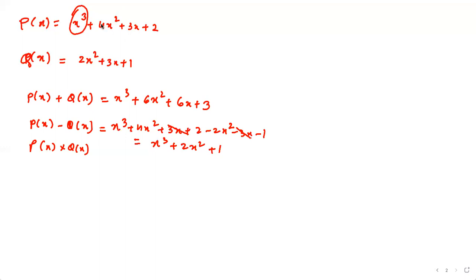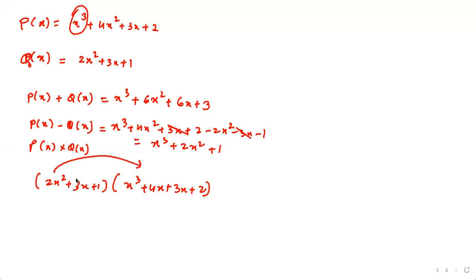Similarly, when you're multiplying polynomials, you multiply q of x, 2x squared plus 3x plus 1, with p of x, x cubed plus 4x squared plus 3x plus 2. I'm not going to do the entire procedure, I'm just going to talk briefly about what happens.